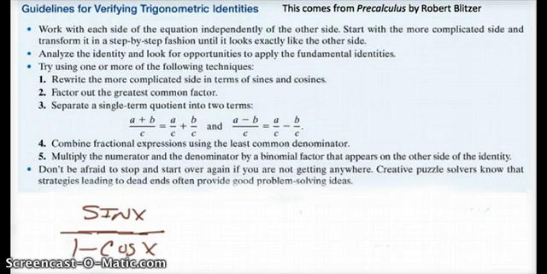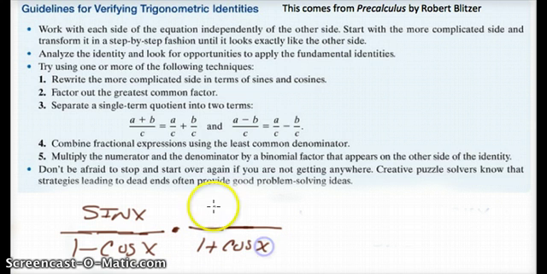All right, now look, number 5: multiply the numerator and the denominator by a binomial factor that appears on the other side of the identity. I don't have something over here at the right side, but I got a piece of advice. What I would do is multiply the 1 minus cosine x by 1 plus cosine x.